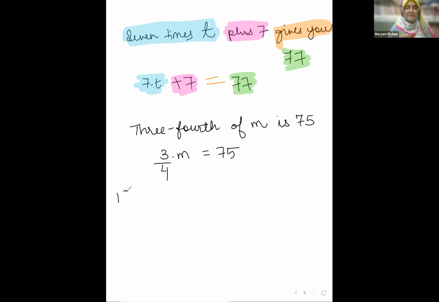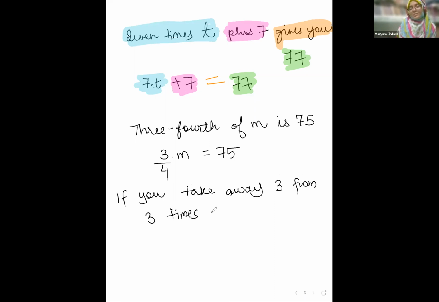If you take away 3 from 3 times, let's say, P. If you take away 3 from 3 times P, you will get, let's say 3.